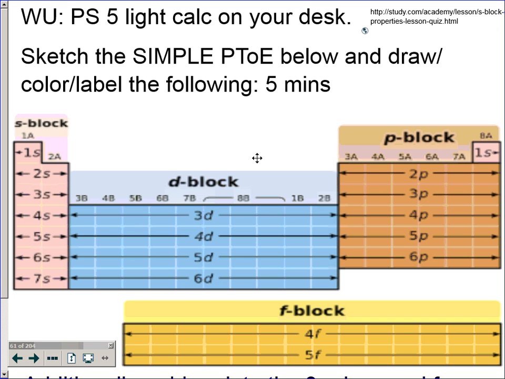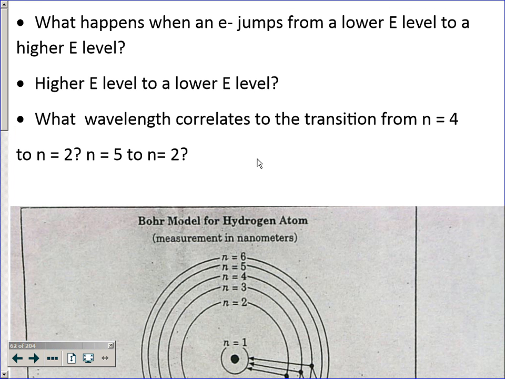If you've had enough time to at least give yourself a general sketch. If it's not beautiful, it's fine, okay? So before I move on, quickly answer 1, 2, and 3.